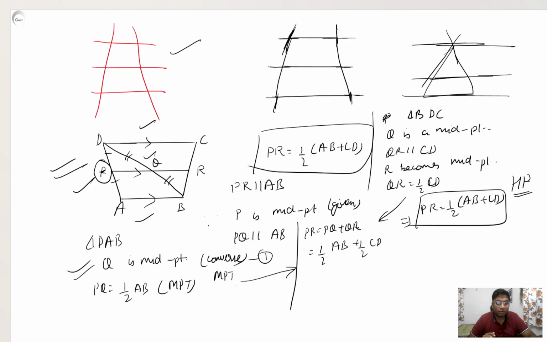Let's try an example on intercept theorem as well. So let's see. All right, I have a question here. Now remember one more thing before I solve this question. In intercept theorem questions, a lot of times it's not just a very solo looking intercept theorem question.